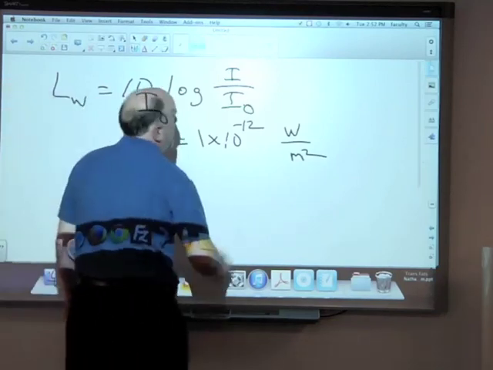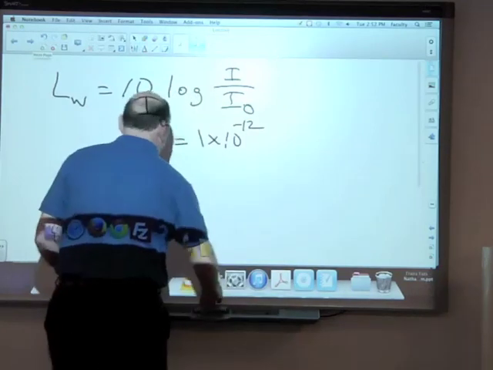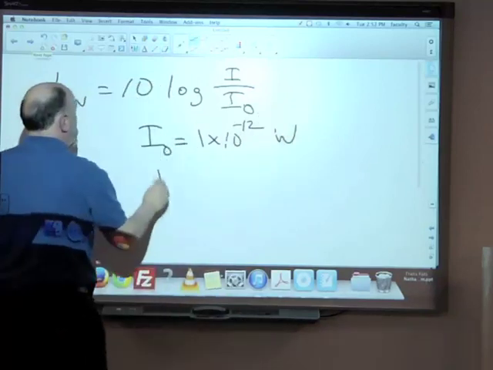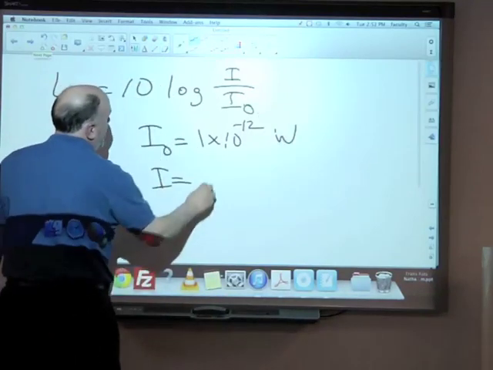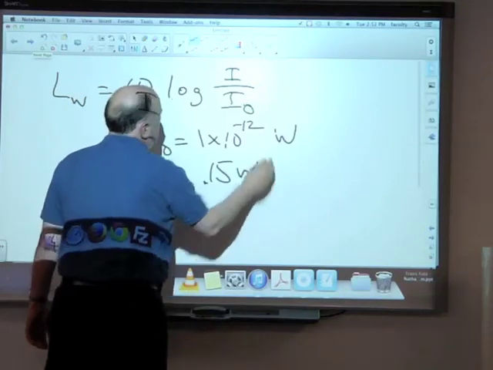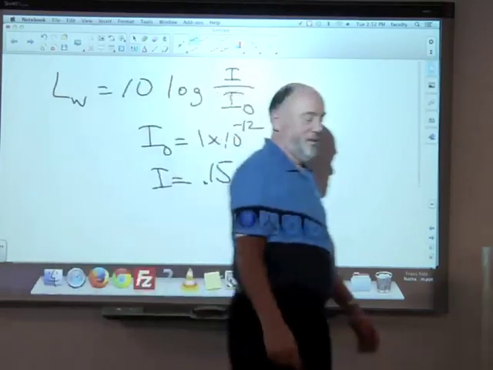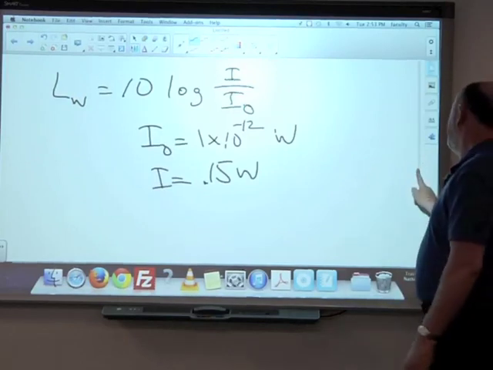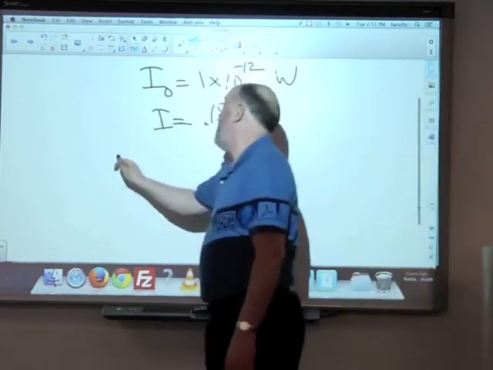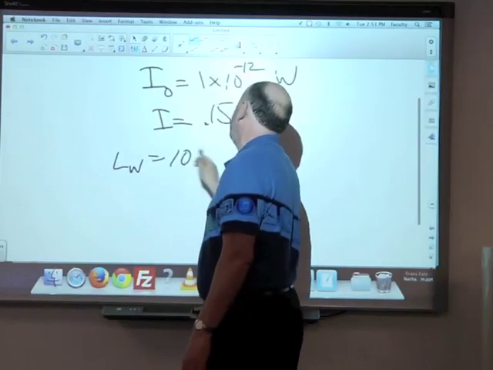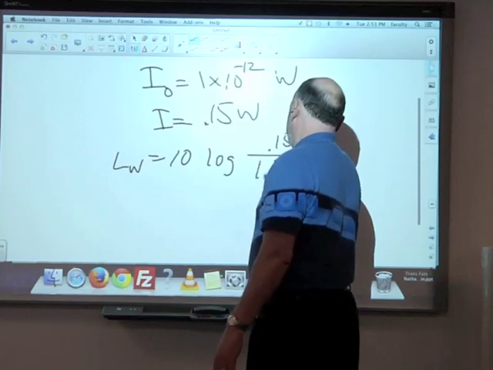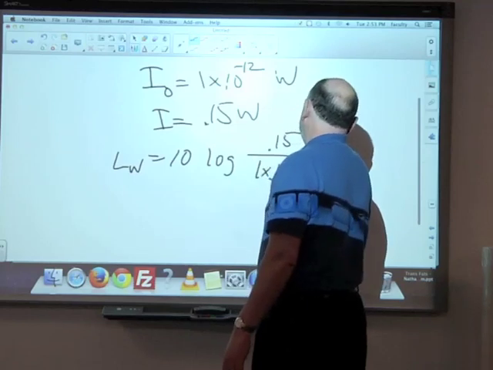Pressure, sorry. That's not right. That's pressure. Wrong unit. Let's say I is 0.15 watts. I want to know what my sound power level is, and this number will be in dBs. So if I plug this in, LW is going to be 10 log of 0.15 over 1 times 10 to the minus 12.